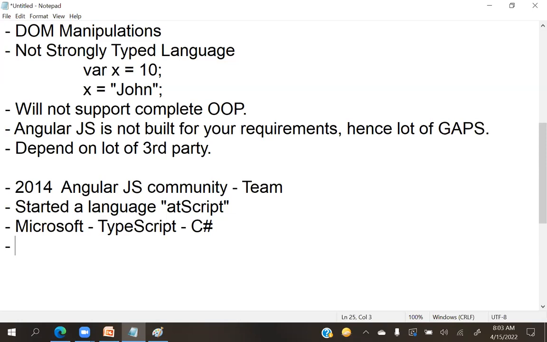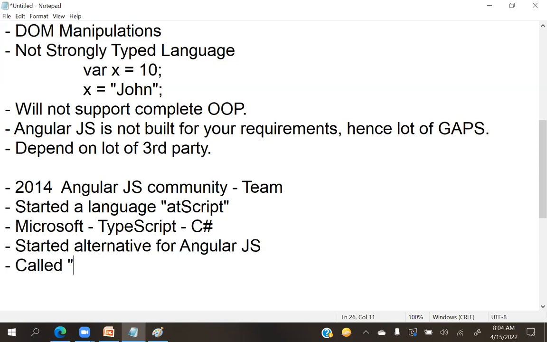So the point here is that this community started an alternative for AngularJS, and that alternative is called Angular. That means AngularJS is different, Angular is different.